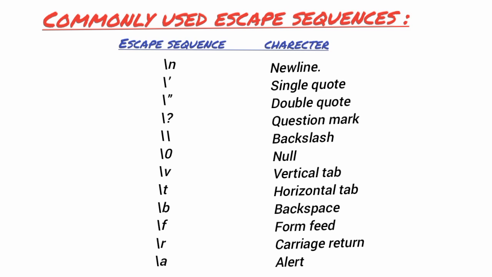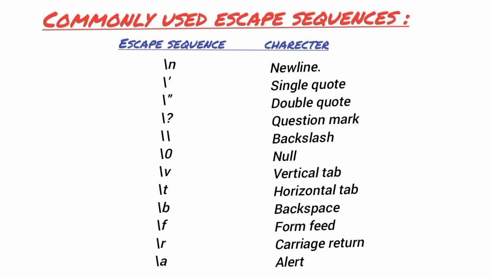Commonly used escape sequences. Backslash n is the new line character. Escape sequence backslash apostrophe is single quote.